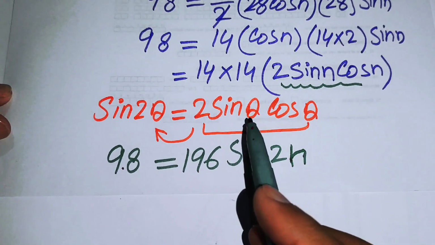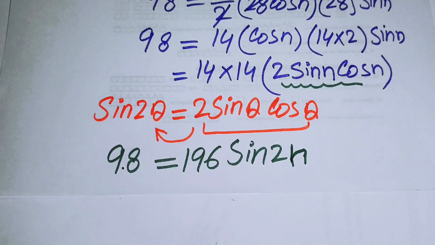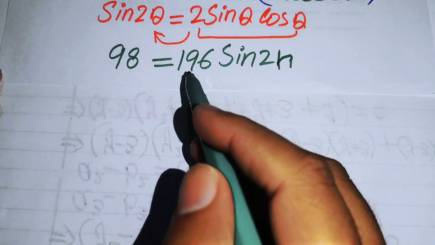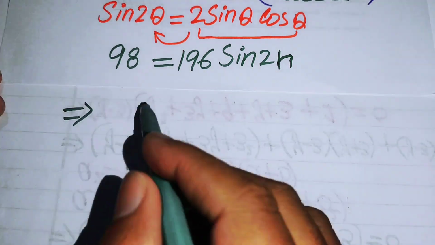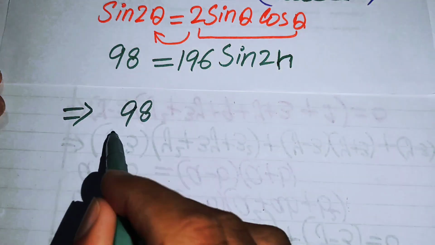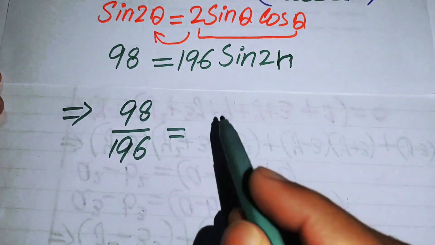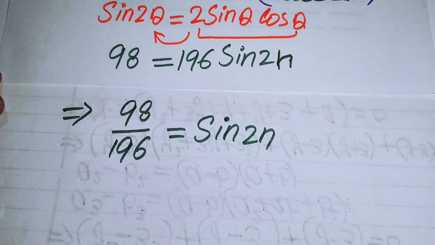According to this formula we can combine these terms and write it as sine of 2 times n. In the next step we move this 196 from the right hand side to the left hand side. Here you get 98 over 196 equals sine of 2 times n.